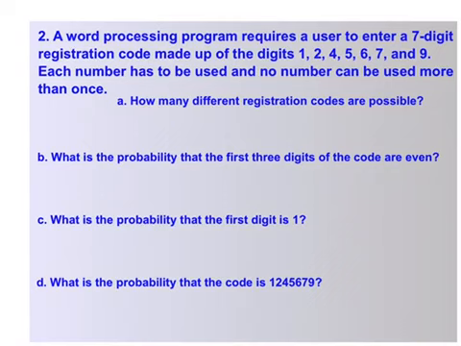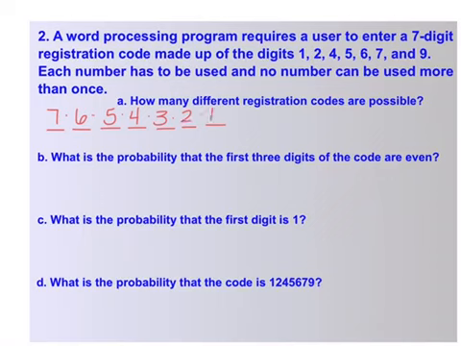So I have 7 different spots, and I need to fill them up. For the first spot, I have 7 options. For the next one, I have 6, because I can't use a number more than once. Then I'm going to put down 5, 4, 3, 2, 1.